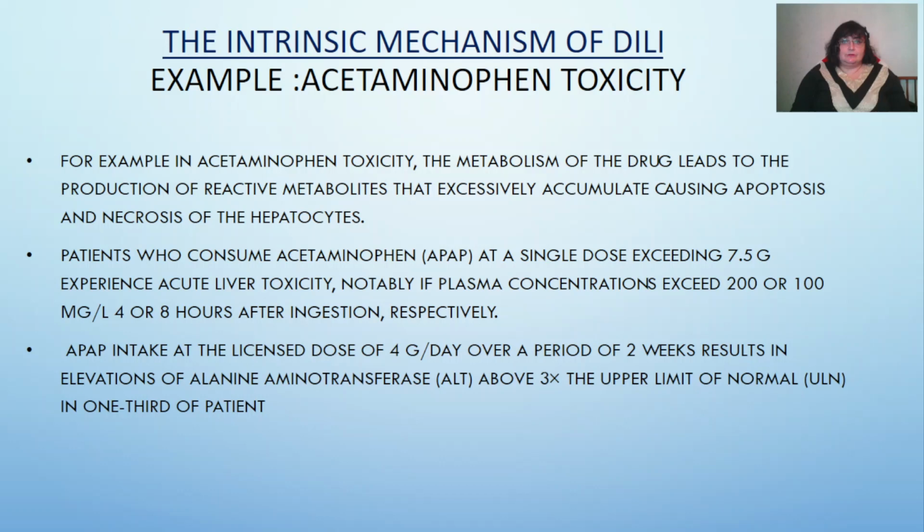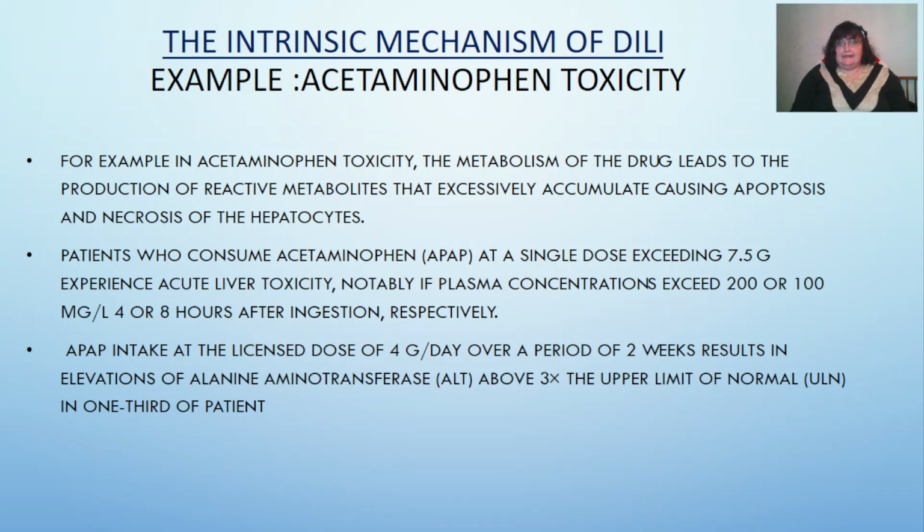Patients who consume acetaminophen at a single dose exceeding 7.5 grams experience acute liver toxicity, notably if plasma concentration exceeds 200 or 100 mg per liter at 4 or 8 hours after ingestion, respectively.